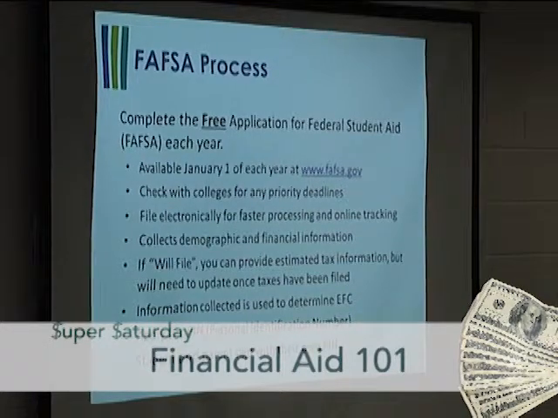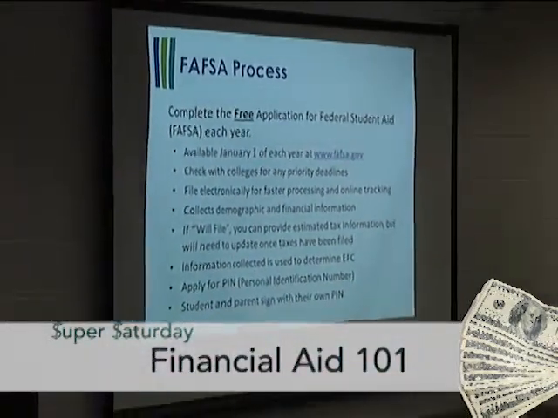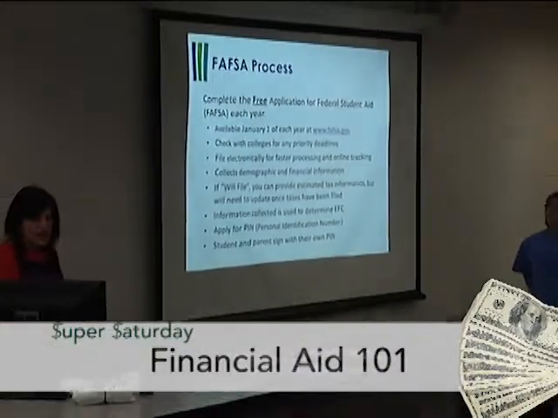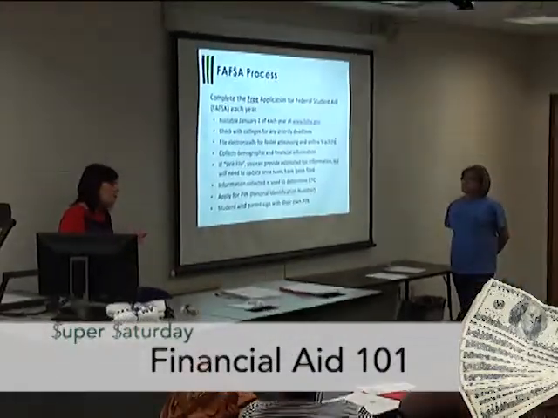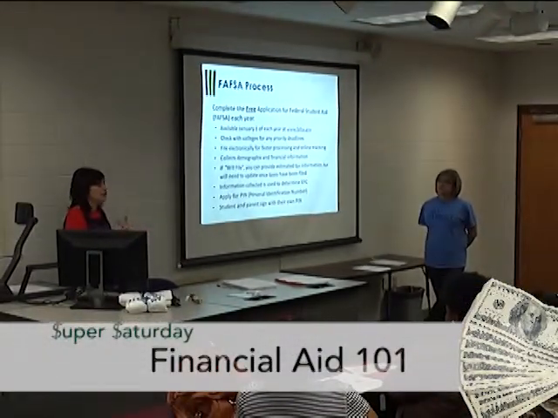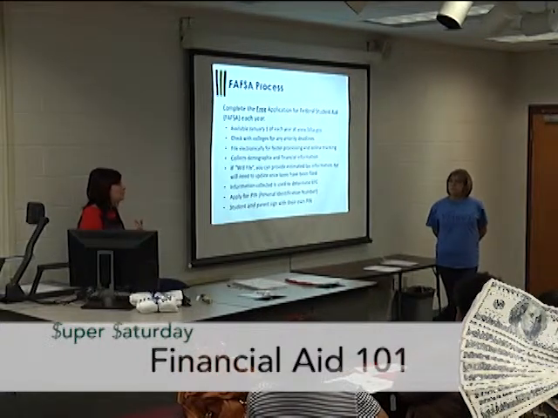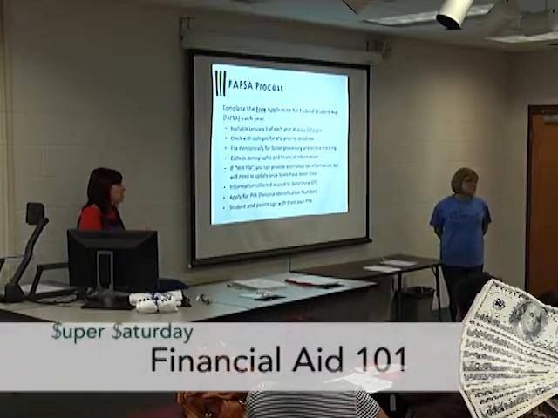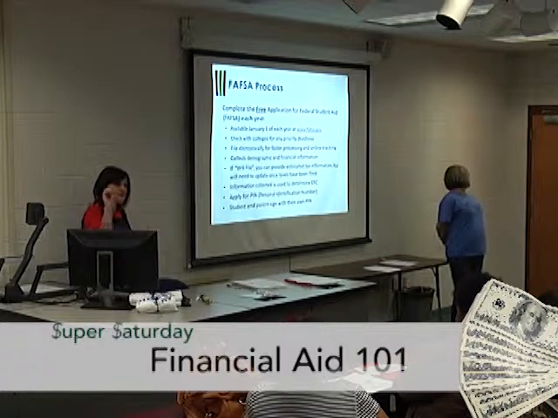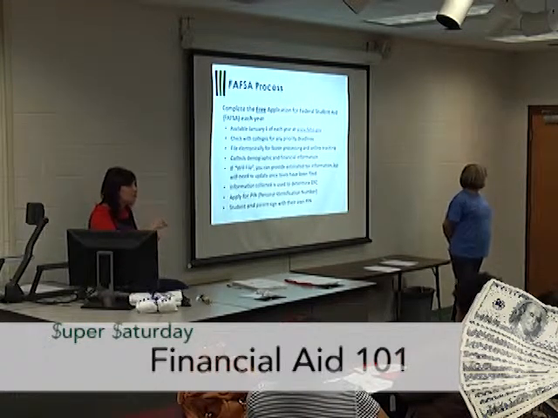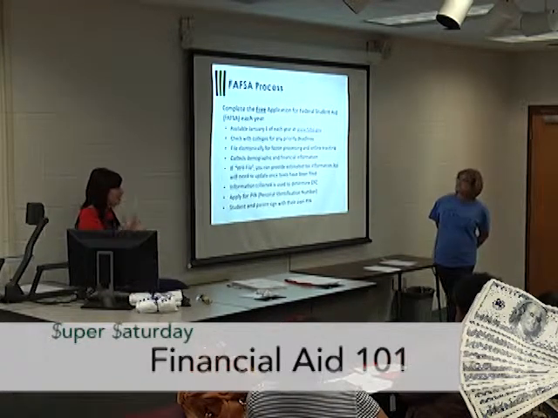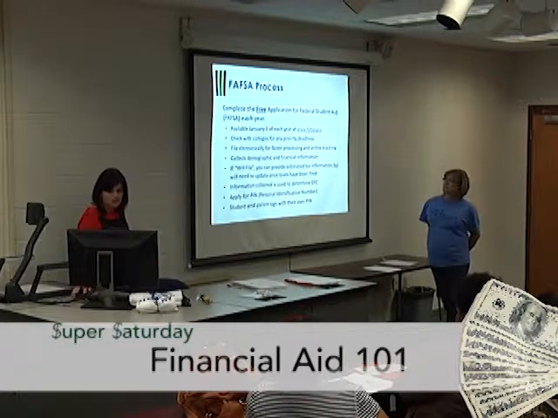Even if a parent is taking part-time classes, that's important. Today they will be able to help you get your PIN number if you do not already have one, and to help you complete your FAFSA form, to connect your taxes to your FAFSA form. That's part of the verification process, and to get those things rolling.